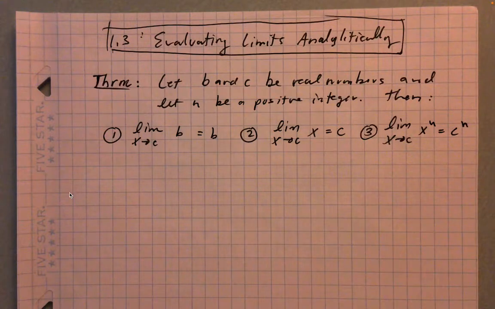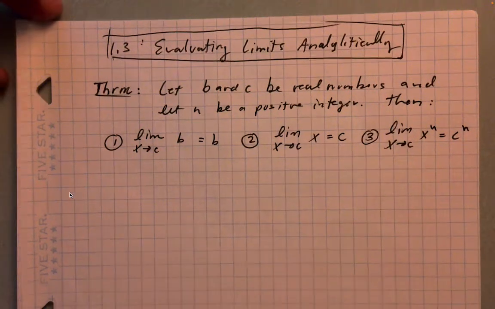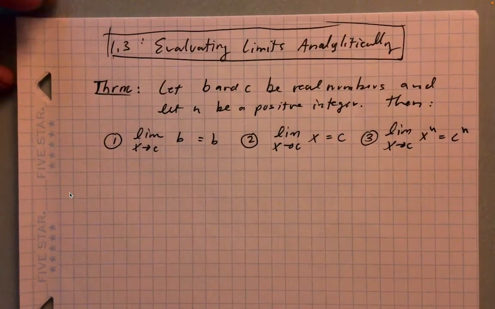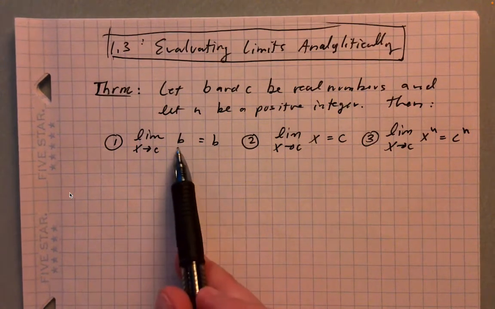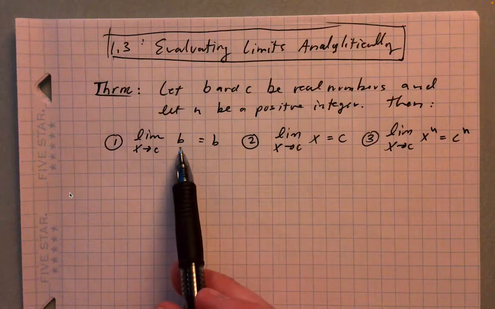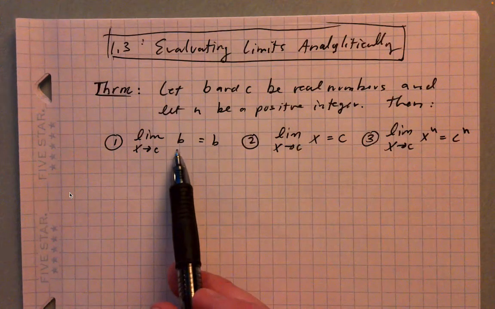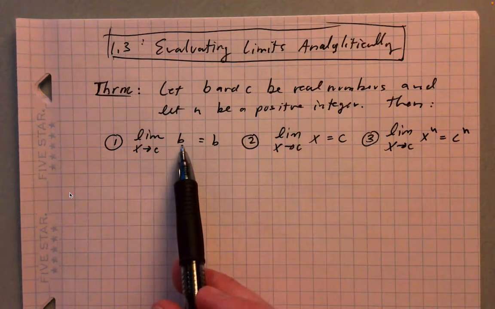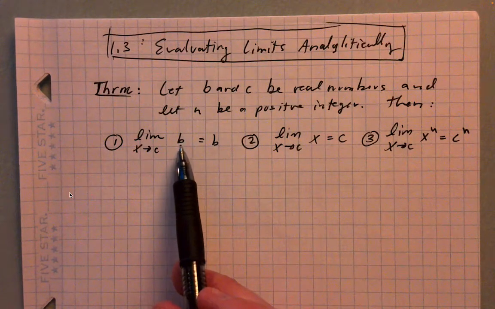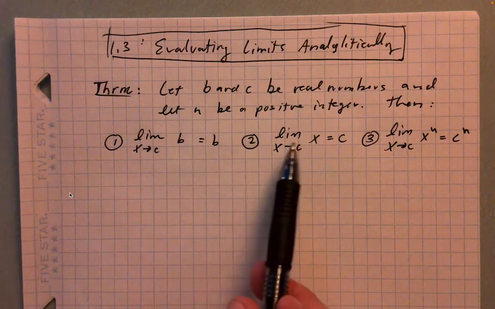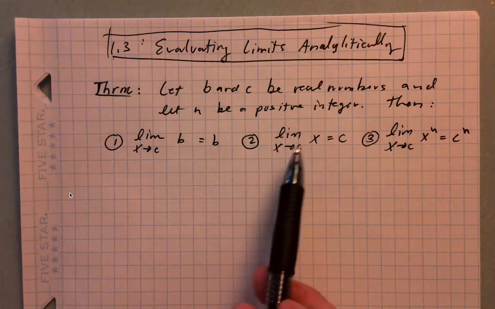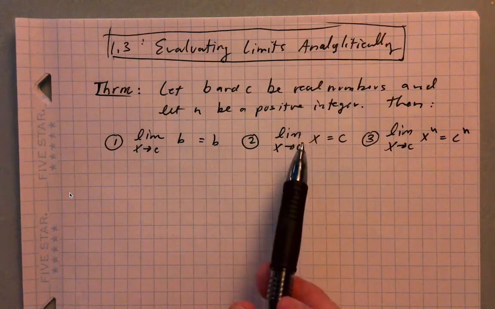Okay. All right, so very straightforward, very simple theorems, right? So these are arguably like the simplest kinds of functions you can deal with. Now, clearly, a function that is a constant, that's going to have a constant value, right? And it's obviously going to have that same value for any value in the domain, which would be all real numbers. And then this is an example of the identity function, y equals x.